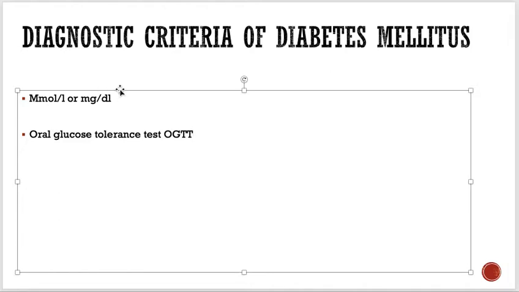Basically, if the patient is fasting, we give them 75 gram of glucose by mouth, and we check their plasma glucose levels. One reading before giving that oral glucose and one reading exactly 2 hours after giving that glucose.